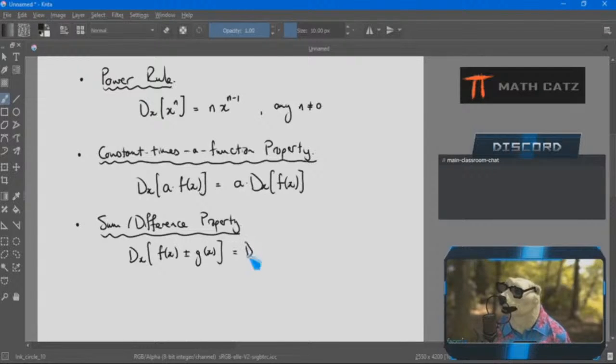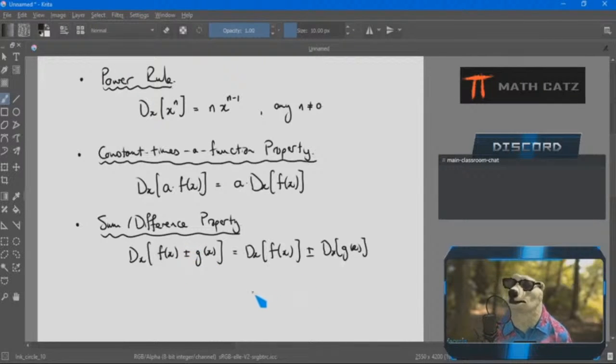Then I can look at each term separately and then add them up or subtract them, whichever one was done originally. I can put them together in the same way.